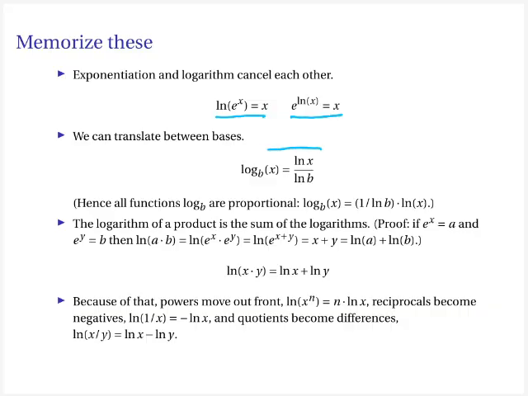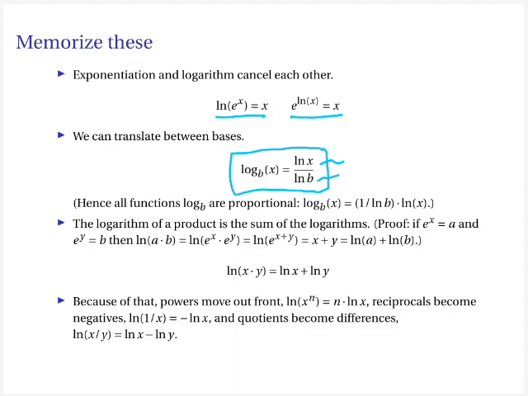This formula here to convert between bases means that if you want to work in a base other than e, it's convenient sometimes, for example, to work in base 2 when you're a computer person. You can always use the numbers from base e and do the conversion.